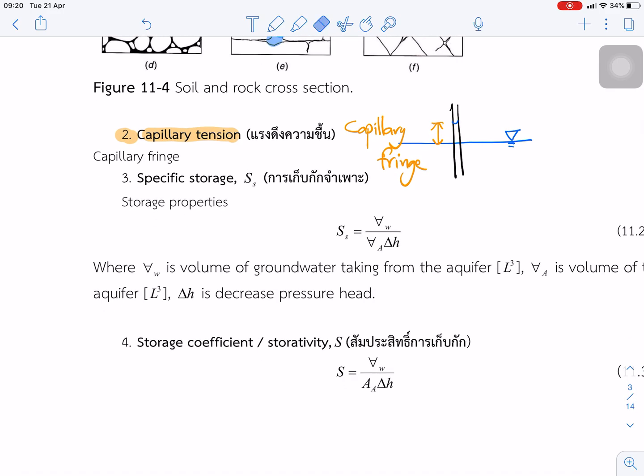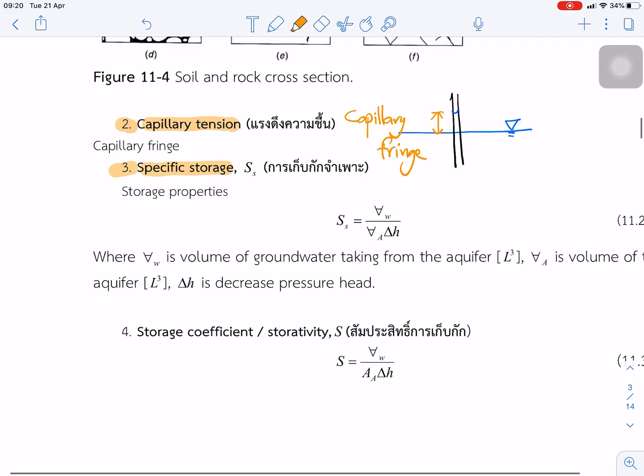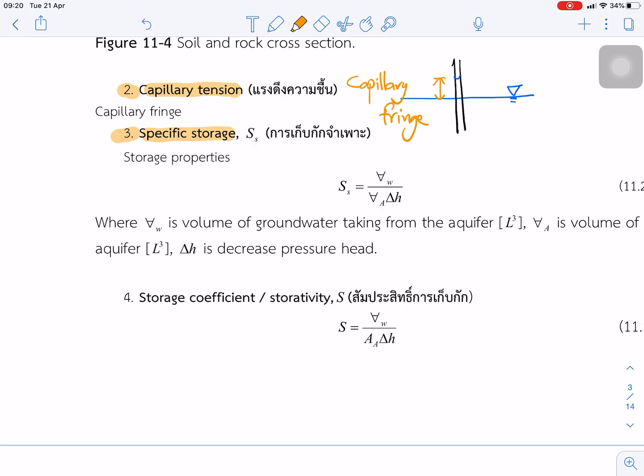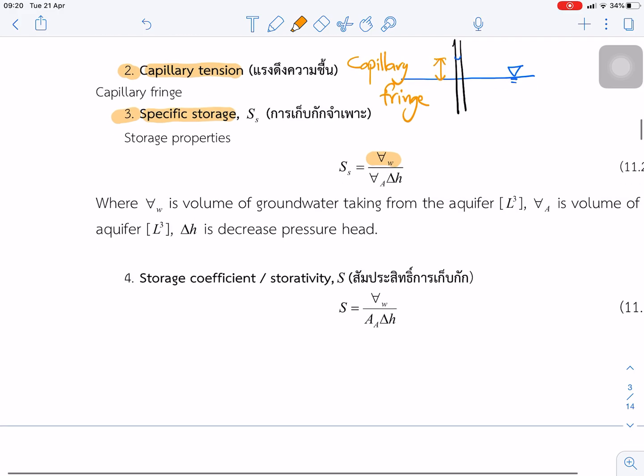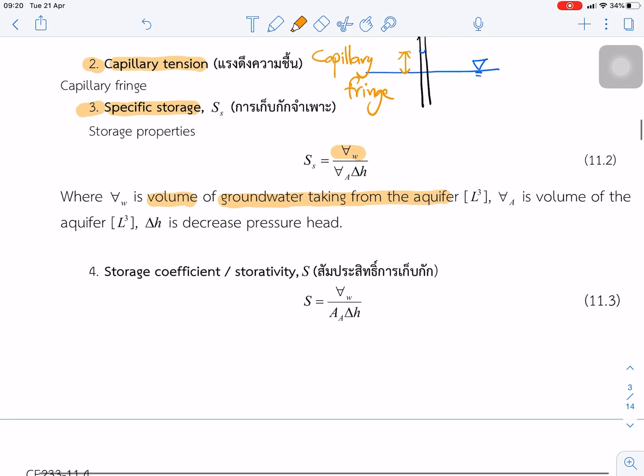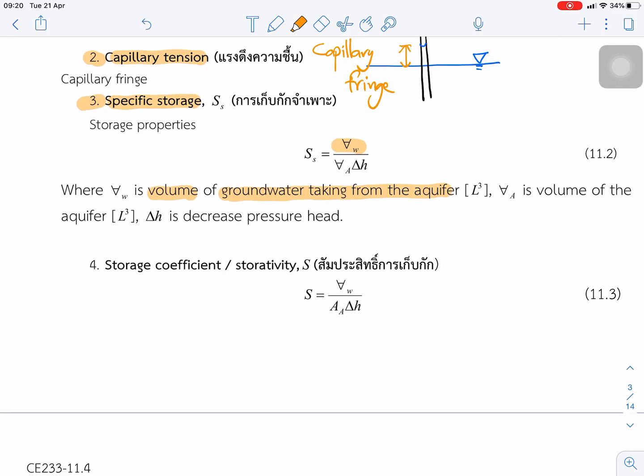The other property is the specific storage. The storage property comes from the volume. V sub W is the volume of the groundwater taken from the aquifer, divided by the total volume of the aquifer and divided by the decrease of pressure head.